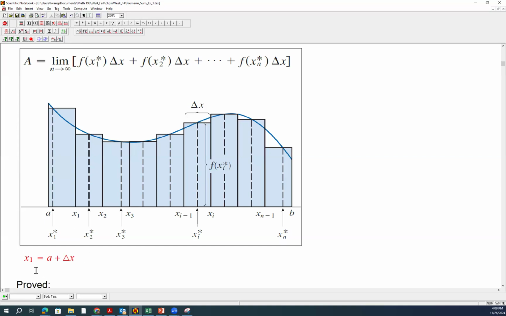And x sub 2, sorry, x sub 2. We're getting into the details of how it's actually done, how all of these symbols are used and what their meanings are. So x sub 2 is x sub 1 plus delta x.